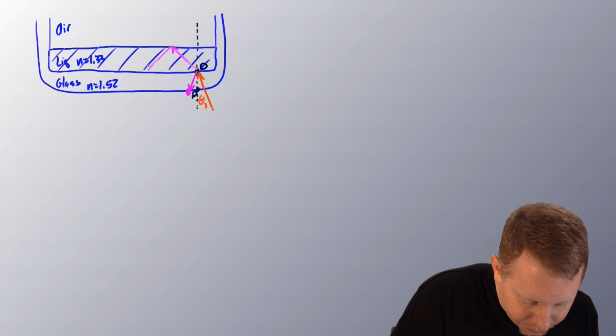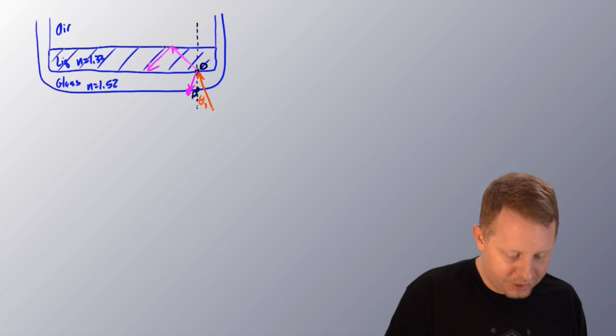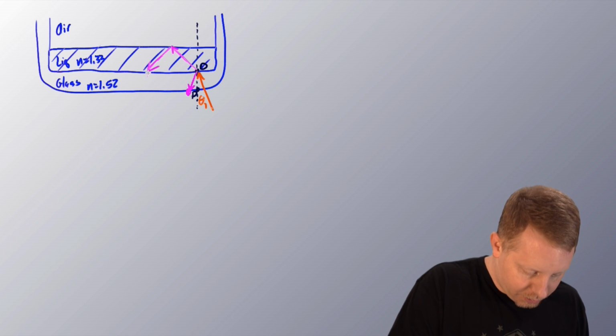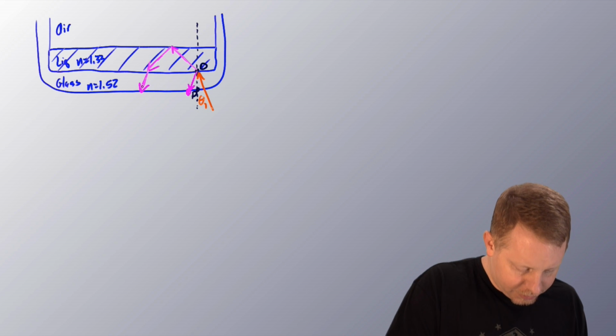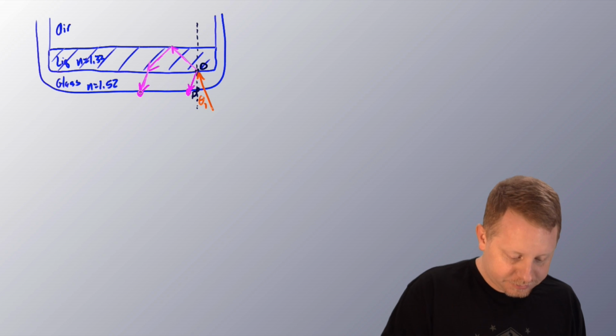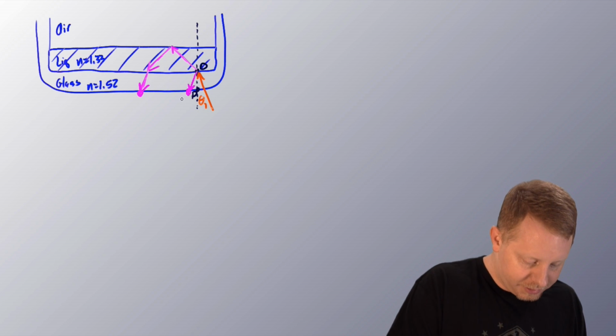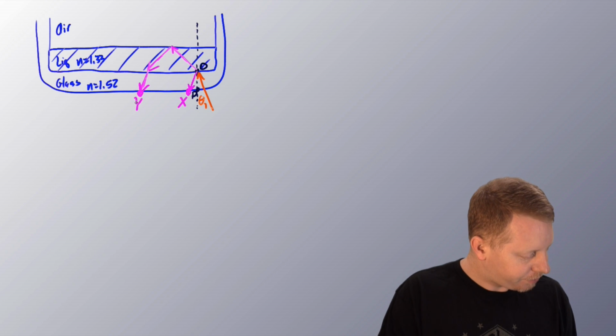Angle of incidence equals angle of reflection, just drawing this out quickly. And as we go from low index to high index, we're going to bend toward the normal again. So some of the light's going to come out here. And as they've set up the problem, we are going to label these X and Y.